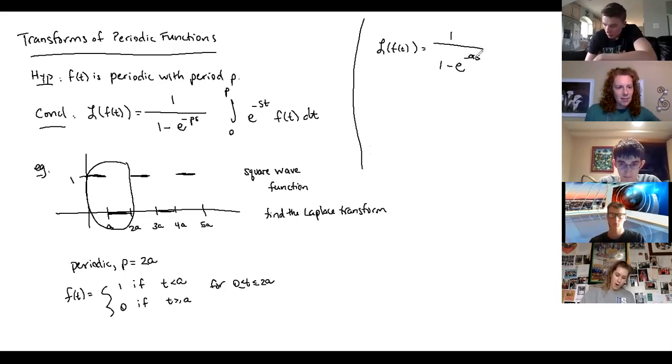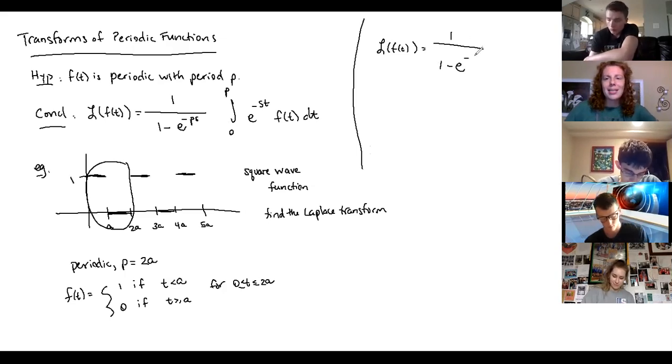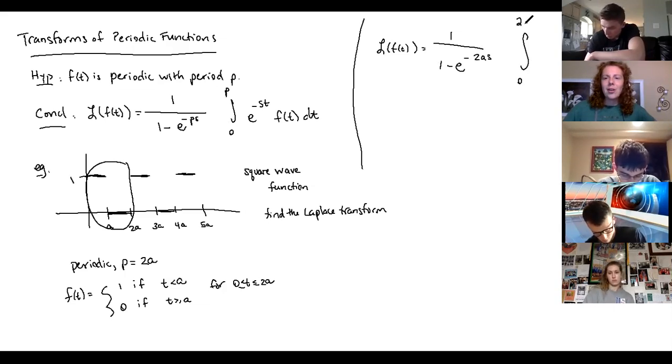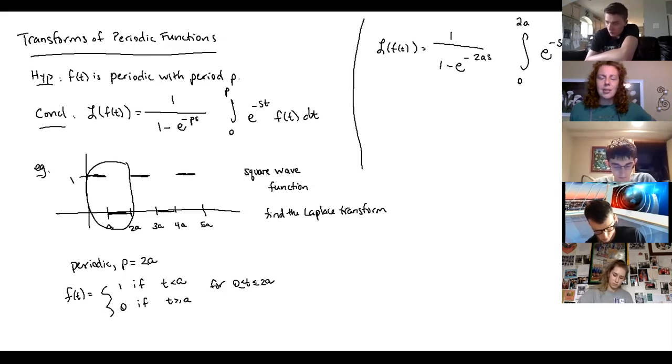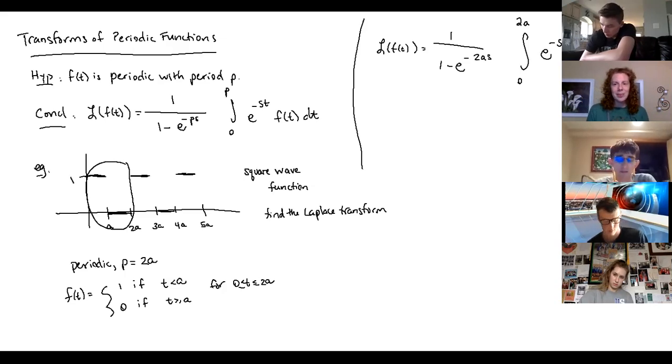That's not right. Let's try 2a, sorry. E to the negative 2a times s. My period is 2a. Then the integral from 0 to 2a of e to the negative s times t, little f of t dt. That's my definition. That's what I'm looking at.